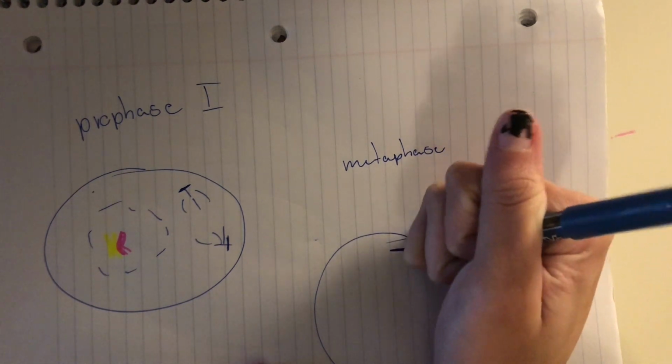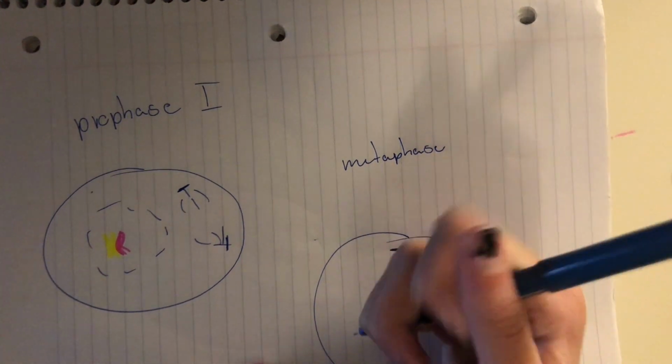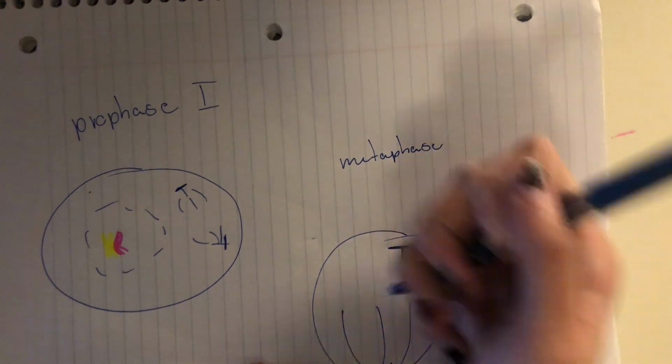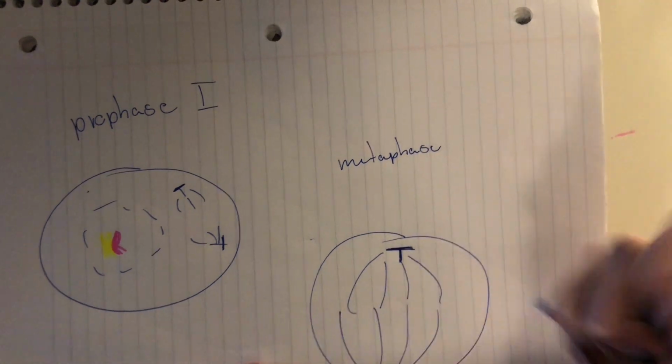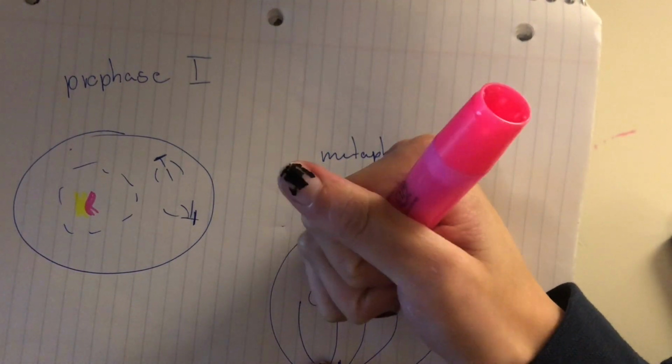Just like metaphase of mitosis, we've got the spindle fibers fully extended, and we have our pair of homologs.